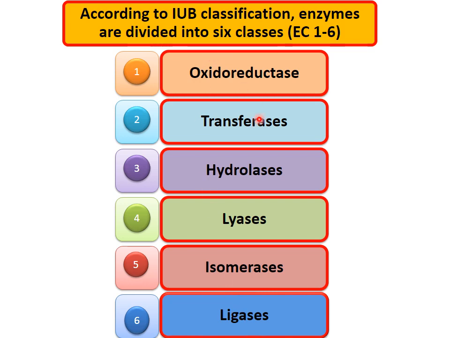We can remember all 6 classes by the term OTHLIL, from the initial letters. So we can remember all the 6 classes by the name OTHLIL.